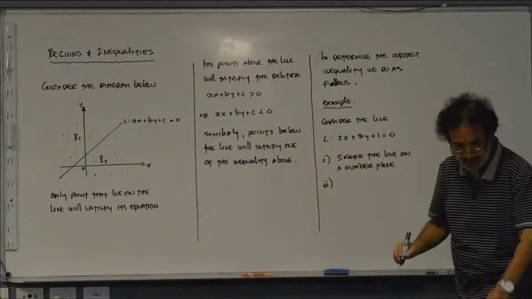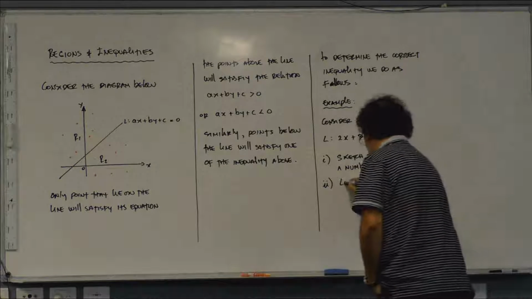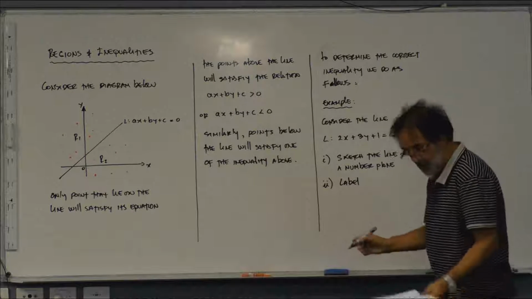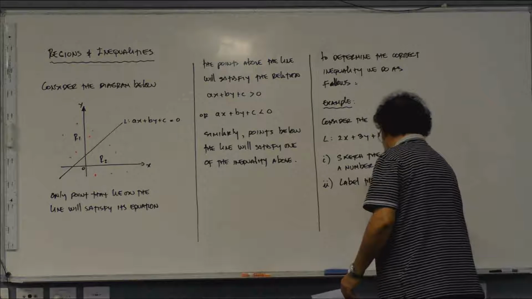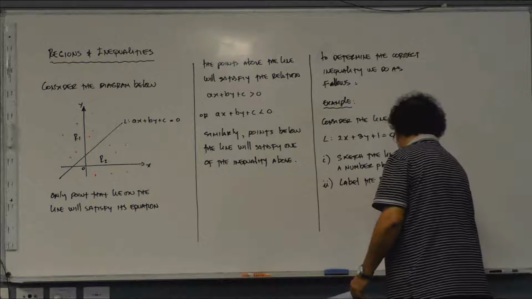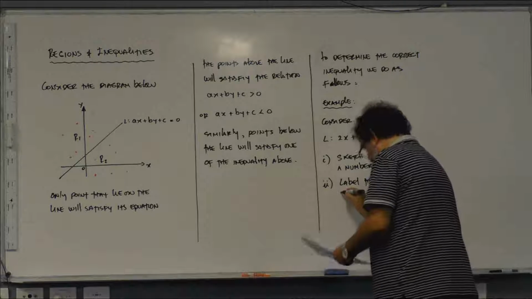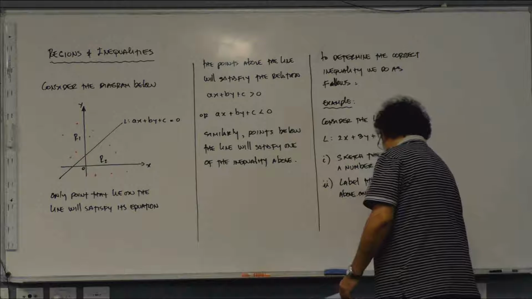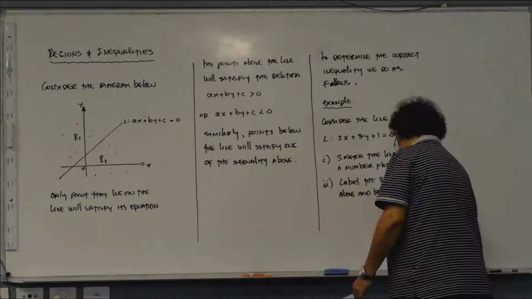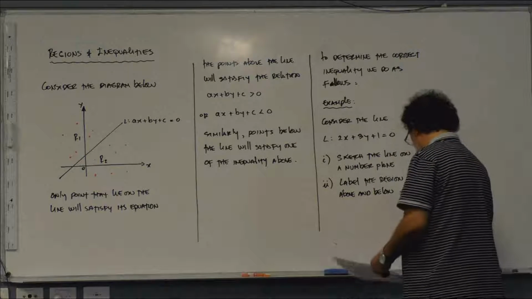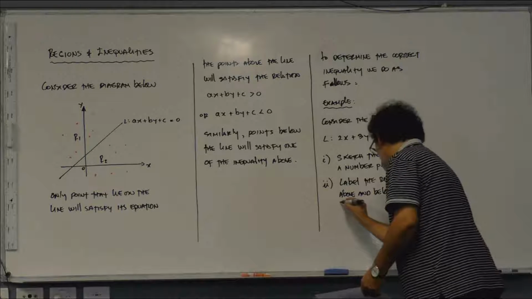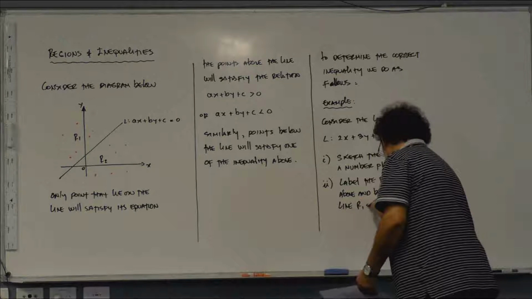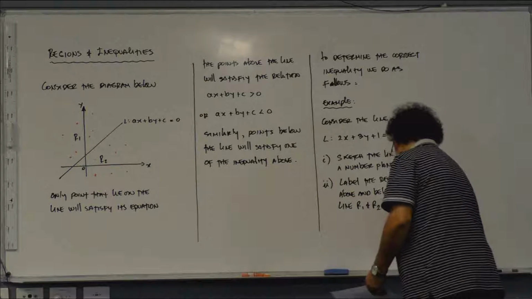Number 2, label the region above and below the line R1 and R2 respectively.